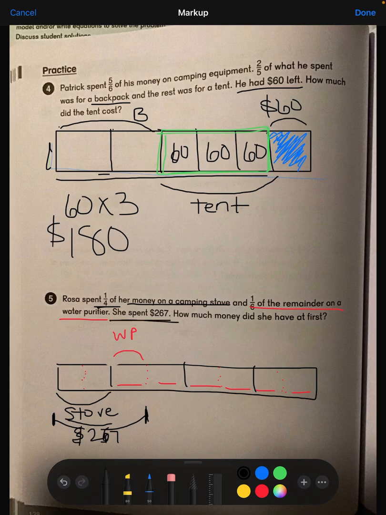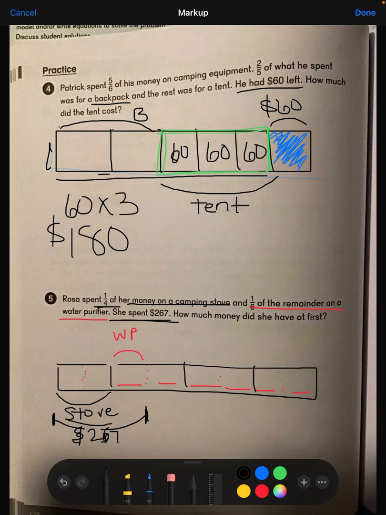As listed here in the problem, we need to know how much money she had at first. So if we were only looking at these 3 units, and we knew that the total of those 3 units was 267, we needed to figure out what one of those units was.